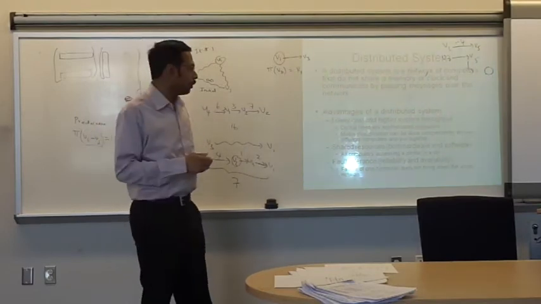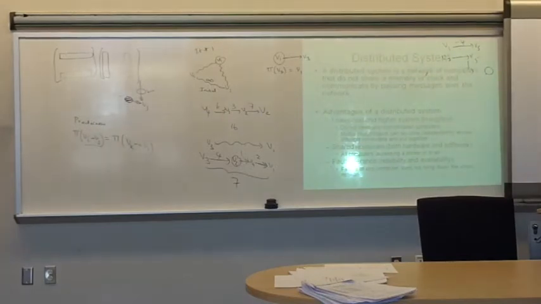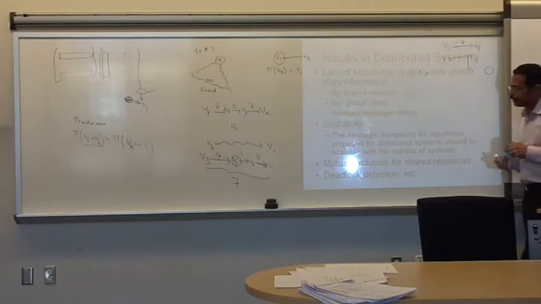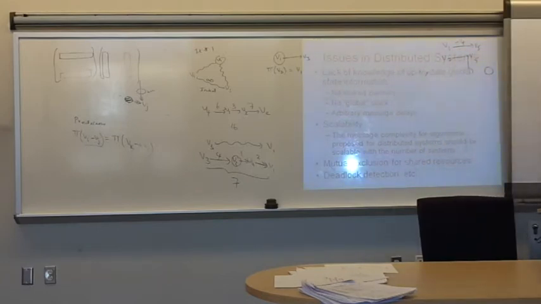Okay? So there are several issues in distributed systems. Typically we will deal with the absence of a clock. That's one thing that we will be focusing on, at least to start with. Which means all these computers have their own clock, right? You know what a clock is, right? And you cannot precisely say this is the time for this whole system.